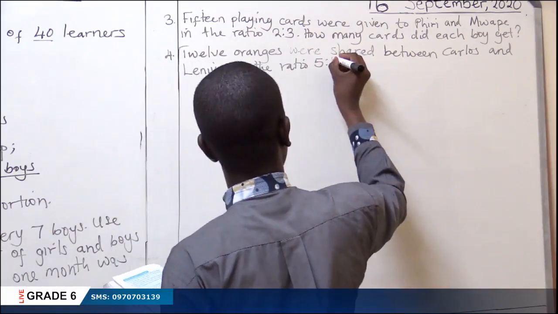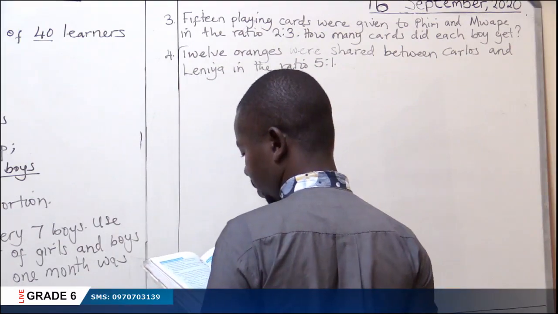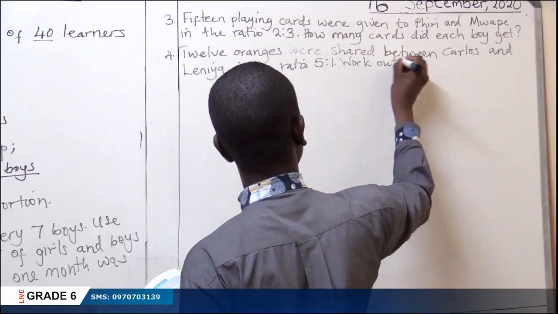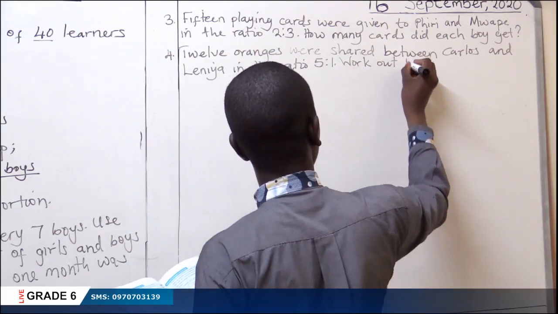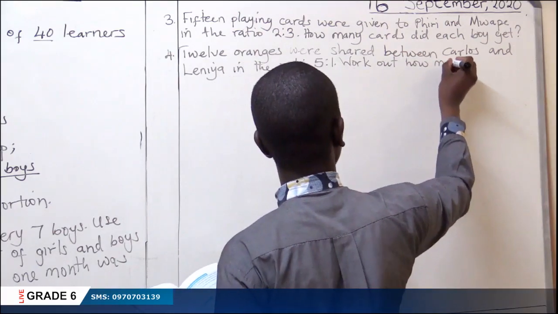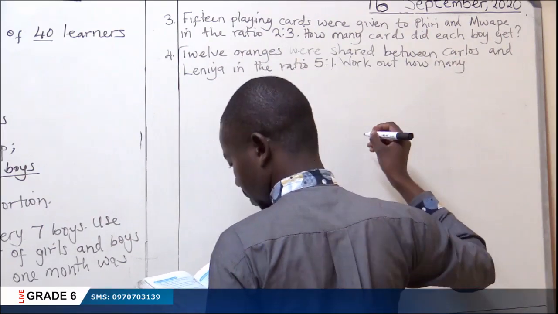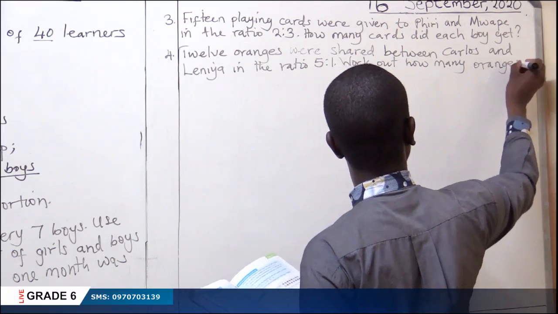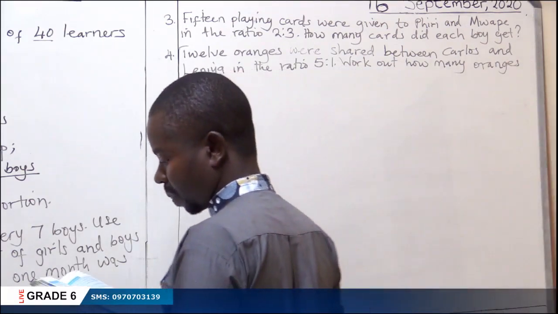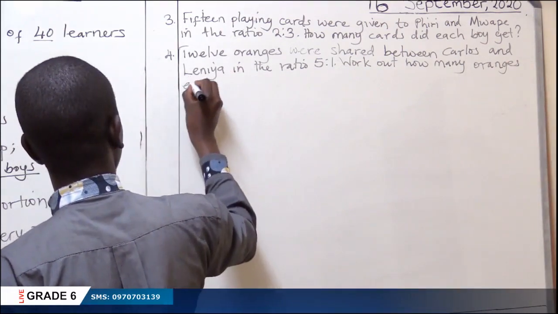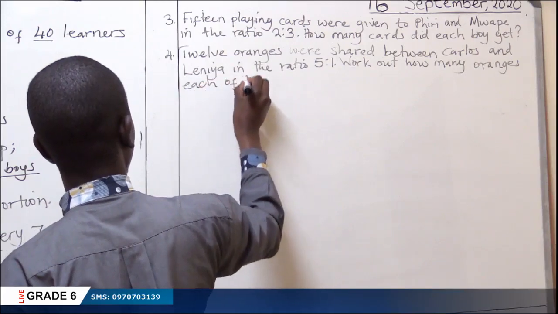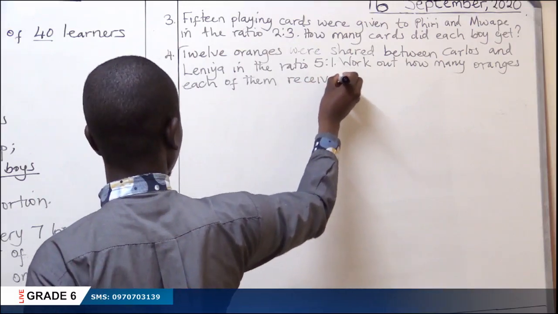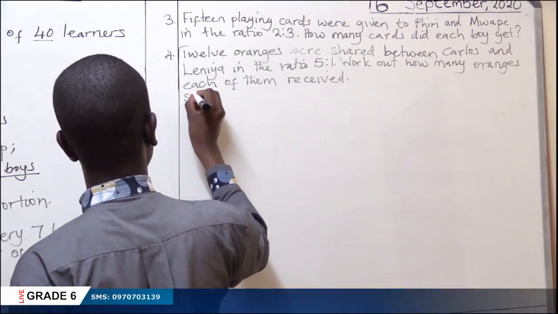Sorry, 5 to 1. Work out how many oranges each of them received. Okay.